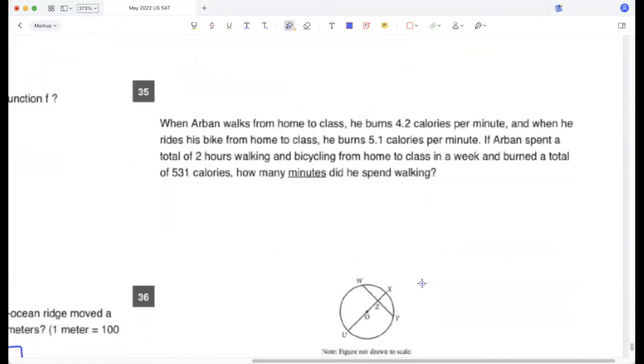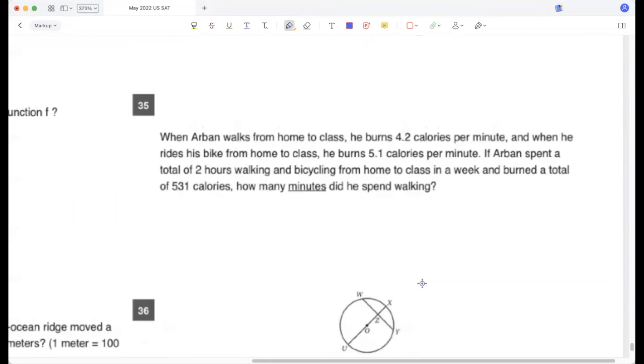When Urban walks from home to class, he burns 4.2 calories per minute. When he rides his bike from home to class, he burns 5.1 calories per minute. If Urban spent a total of 2 hours walking and bicycling and burned a total of 531 calories, how many minutes did he spend walking?